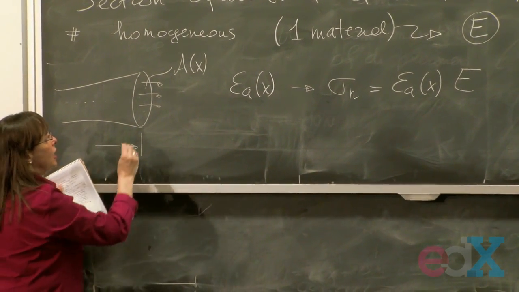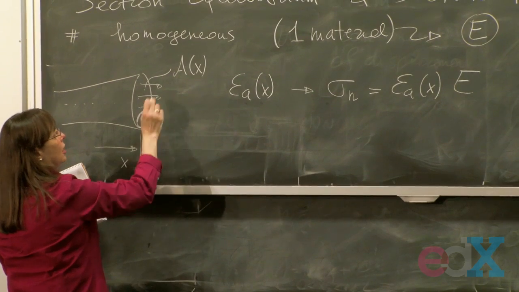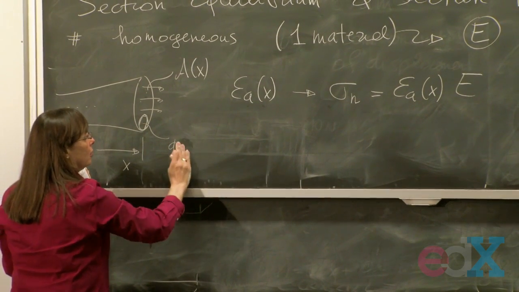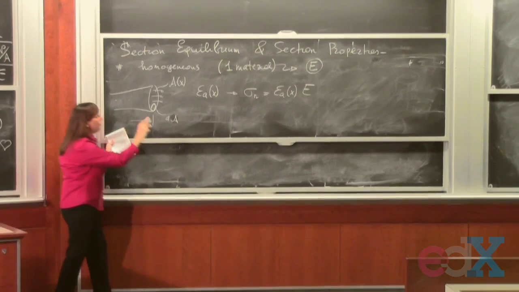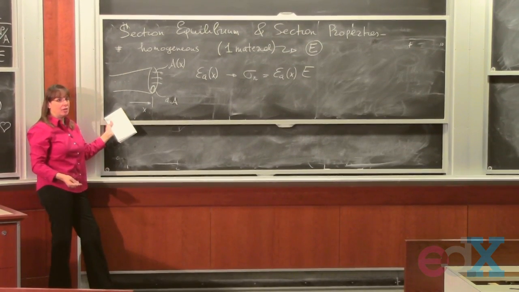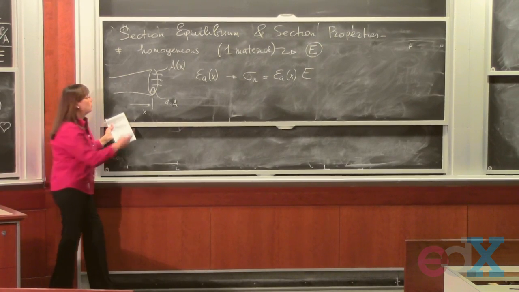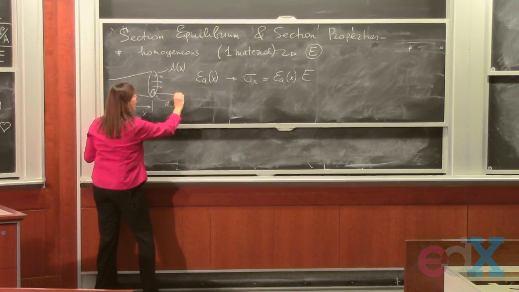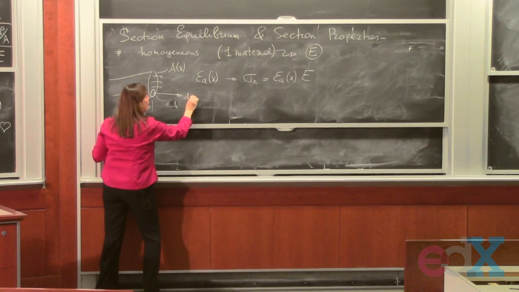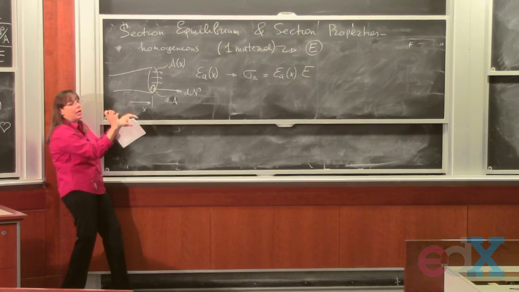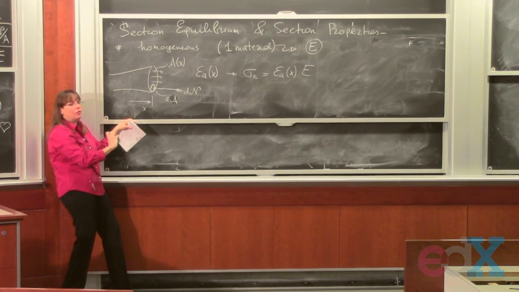So if I take a little area here, a small sub-area of this A, let's call it dA, and I have a stress sigma n, remember sigma n is force per unit area, on this little area dA, I'm going to have a little force. This little area is carrying a certain amount of the axial force.